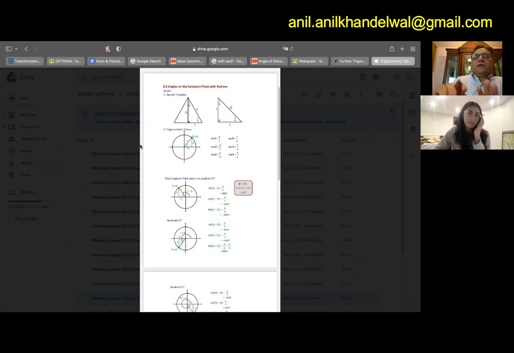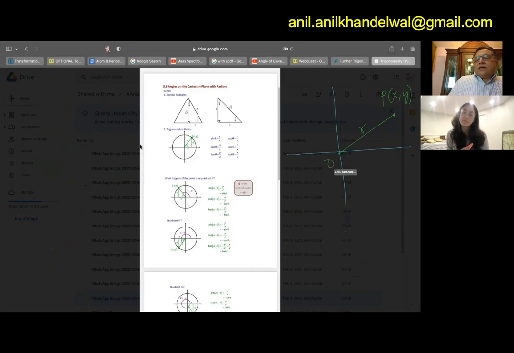Let's do it again. You have understood what the acute angle is, and now we'll begin from there once again. The acute angle is when you take the Cartesian plane, and from the initial arm you bring it up and you stop. That's your acute angle. So let's take a point P. In general, it is x, y, right? And the radius is r, the distance from the origin.